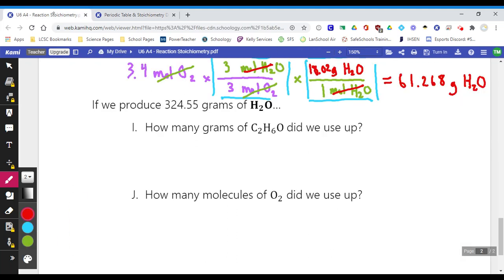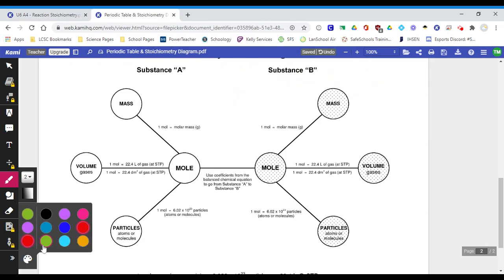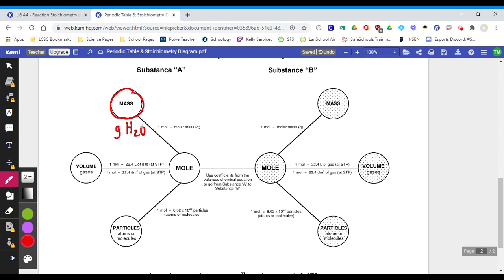Grams of H2O to grams of C2H6O. So we're going to go from mass in grams of H2O. Now our goal is to get to grams of C2H6O, grams of something else. I'm going to do blue over here.